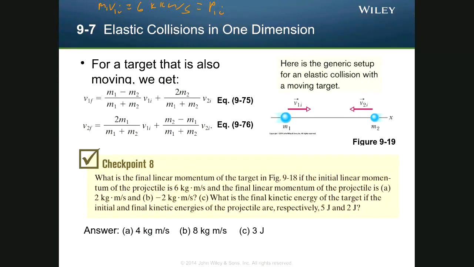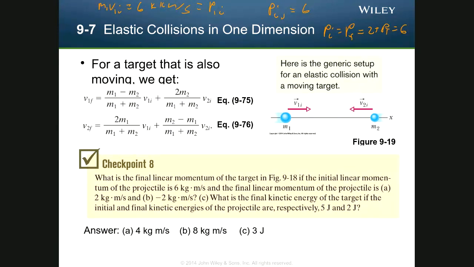What is the final linear momentum of the target if the final linear momentum of the projectile is 2 kilogram meters per second, right? So we know that Pi of the system is equal to 6 because we're going at a target. So then we have that Pi equals Pf, which is the final linear momentum of the projectile, 2, plus P target, and it's going to equal 6.